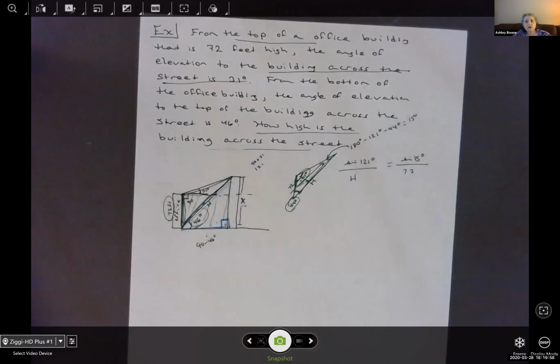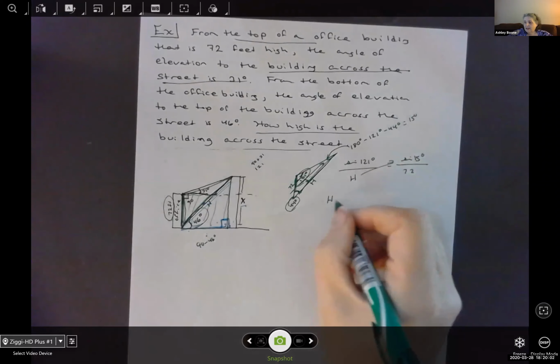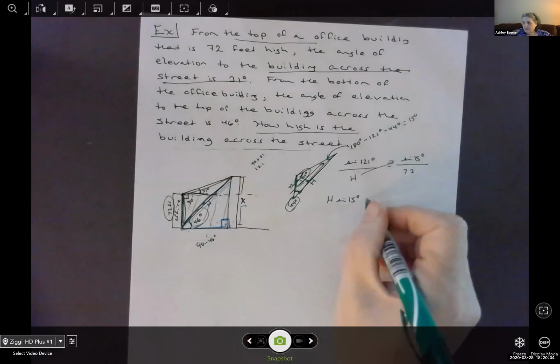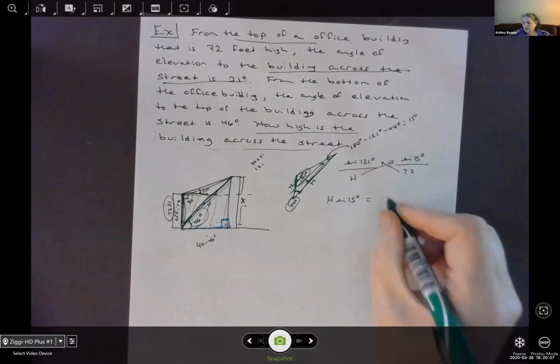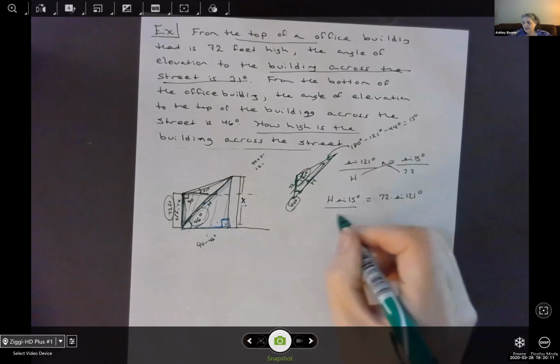I can use my law of sines. Cross multiply, H times the sine of 15 degrees is to 72 times the sine of 121 degrees, divided by the sine of 15 degrees.